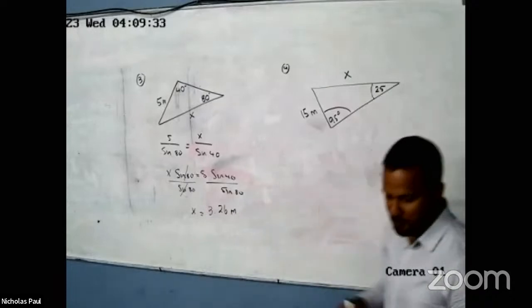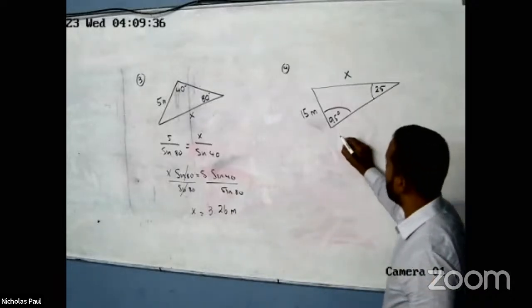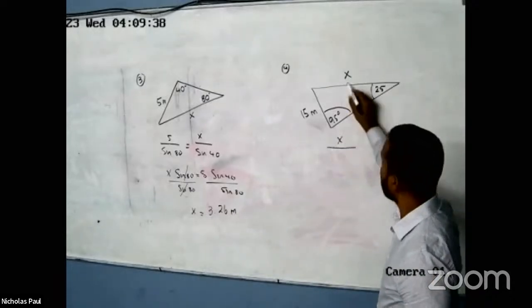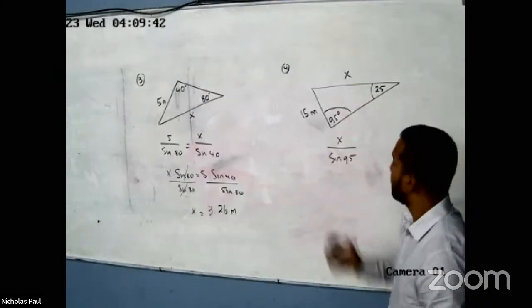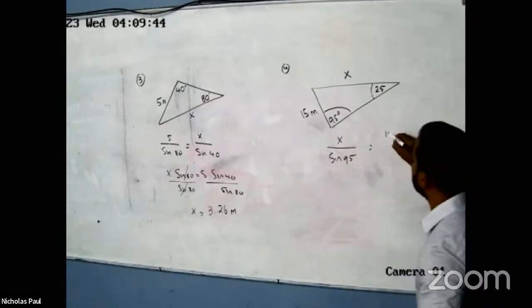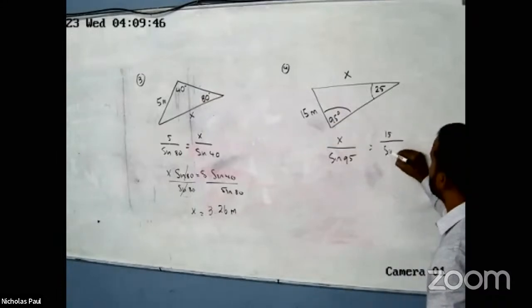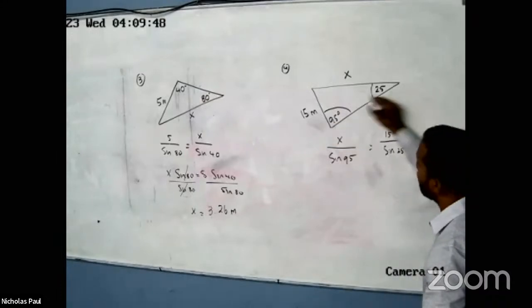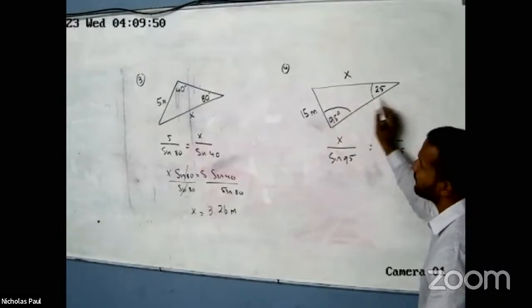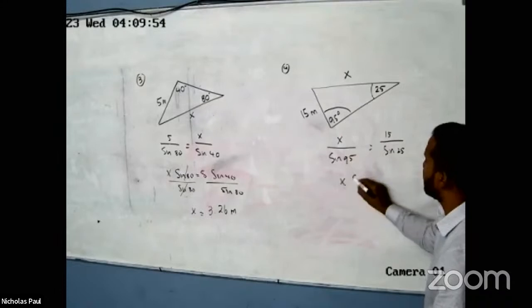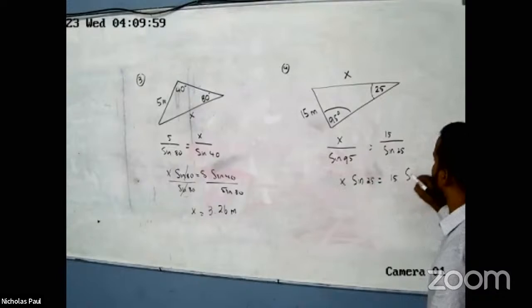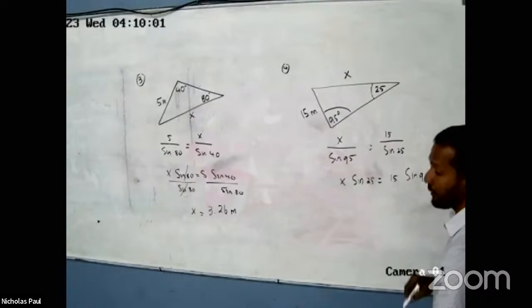Right, correct, Ariana. So it will be X over the opposite. So that's X over sine 95 is equal to 15 over sine 25, right? So cross multiply, you'll get X sine 25 is equal to 15 sine 95, right?